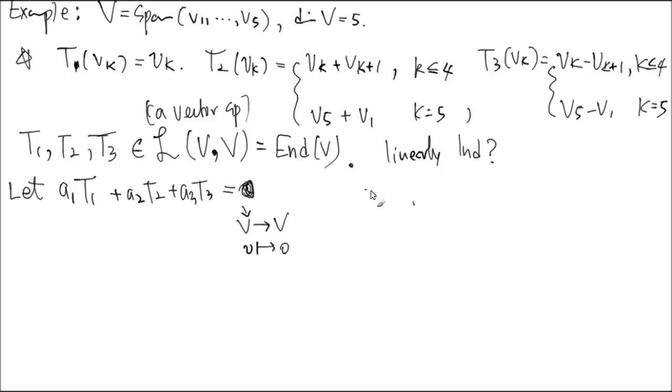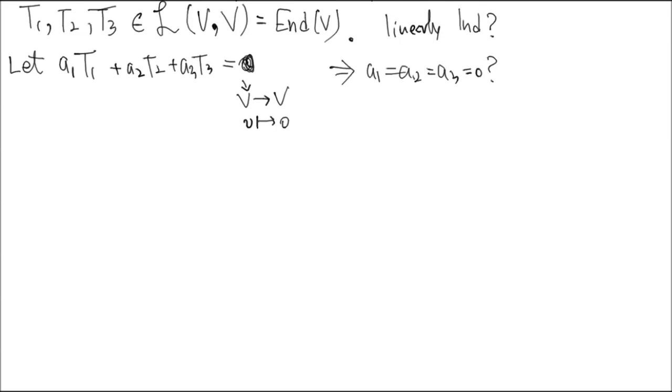And once you set up like this, we want to show whether A1, A2, A3 are equal to 0. That's the question. Then what do we do? For the function, we just have to plug in the values until we get our hands on A1, A2, A3. So, what are we going to do? A1 T1 of V1, and A2 T2, what are we plugging in here? V2 or V3?